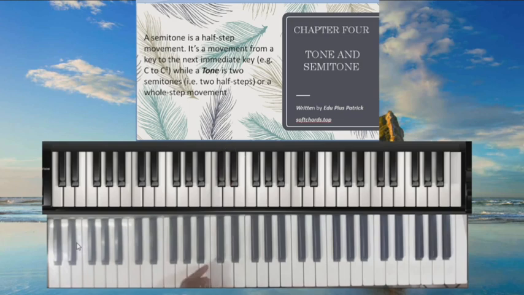Now, let me explain it in layman's terms, though I know you're not a layman. A tone is a movement from a key, let's pick C. You skip one, you play the next one. That is a tone. So you play one, skip one, play the next one.